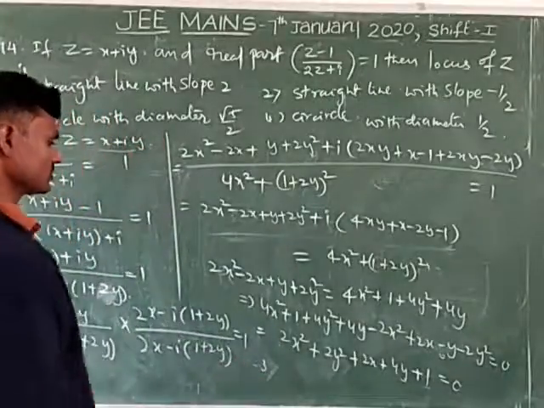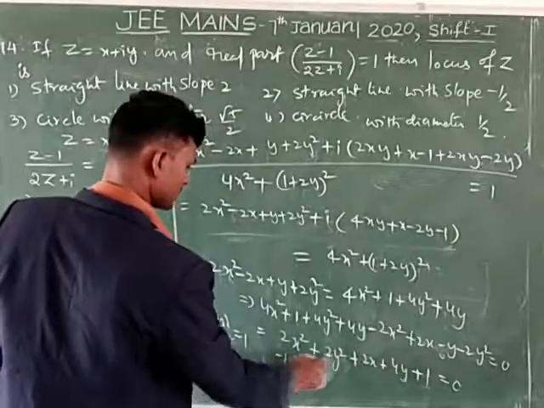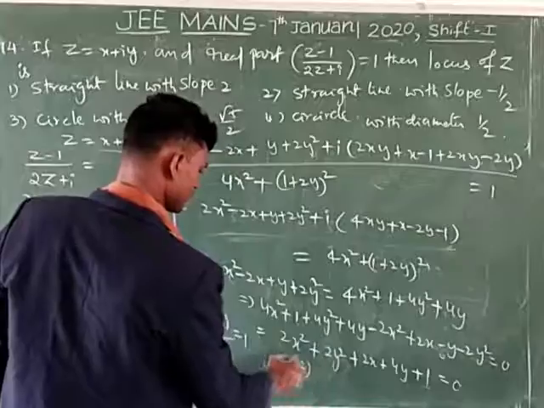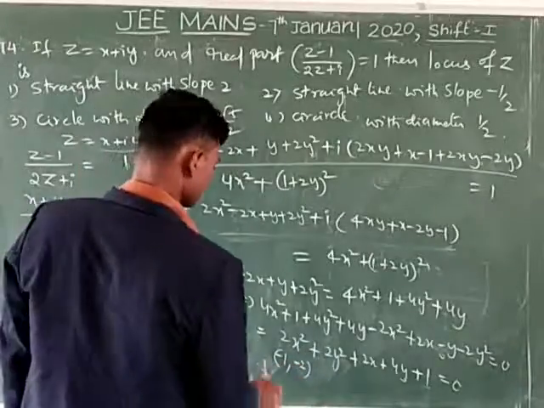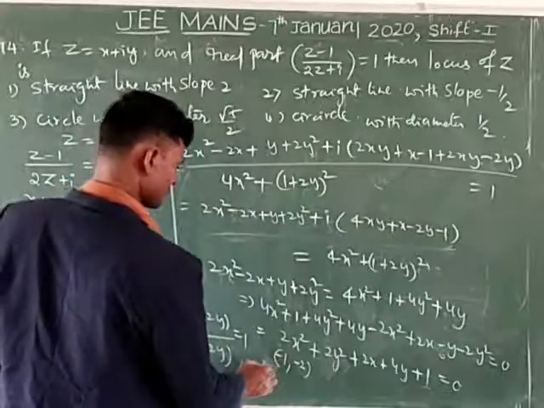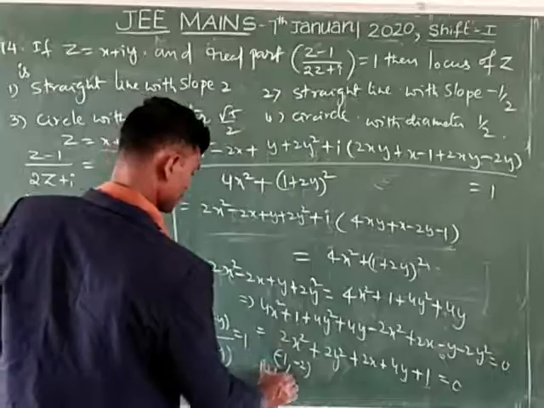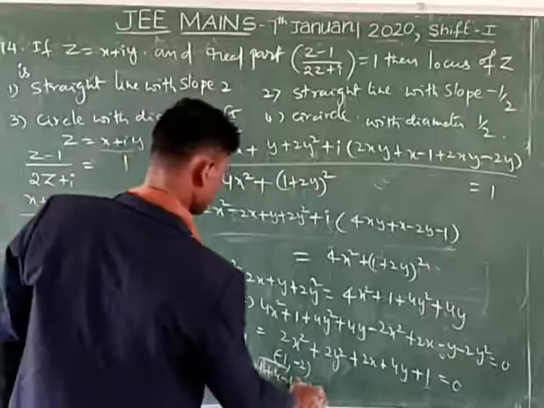Now you can find the center: minus g and minus f, so minus 1 and minus 2. Then the radius is equal to the square root of g square plus f square minus c, which is 1 square plus 2 square, 4 minus 1, under root, equal to 2.